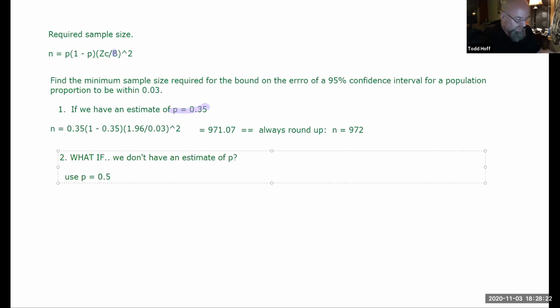The reason being is if p is 0.5, that's the worst case scenario. It gives us the largest possible sample size. So all that does is it changes this whole formula up here. We take out the 0.35 and put in 0.5.